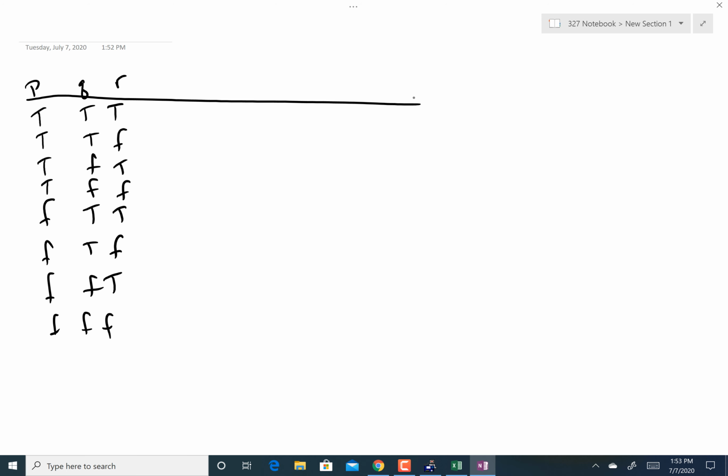Remember where I left off. I'm going to start off with this truth table. This is number 48. So we're going to use logical equivalencies.